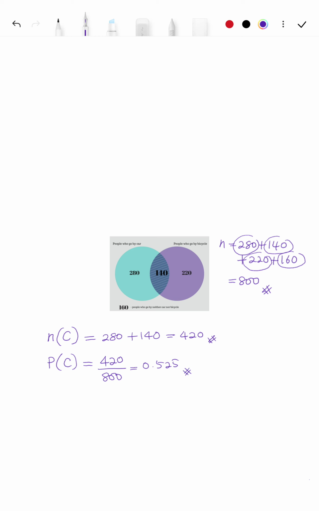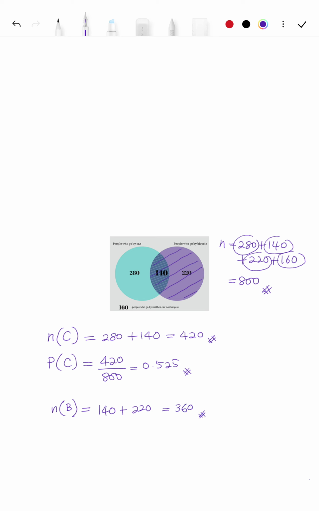Okay, let's do one more time. Number of people who go by bicycle. You must consider everything inside these circles, and that's 140 plus 220, which is 360.